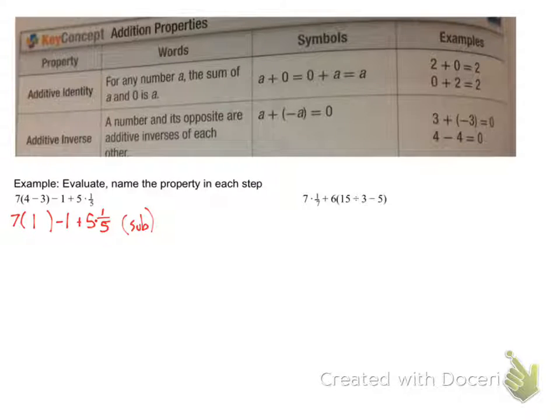Next step, next thing I want to do, name something. Give me a step. 7 times 1. Okay, 7 times 1 is 7. So minus 1 plus 5 times 1/5. That's a multiplication.